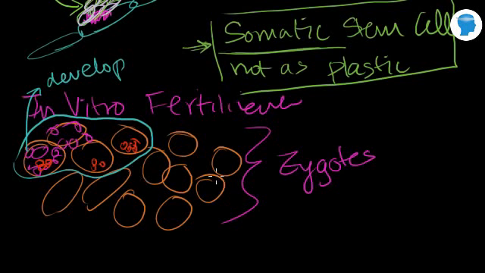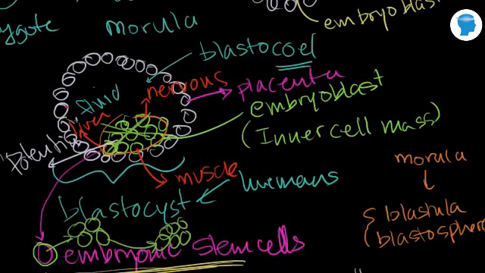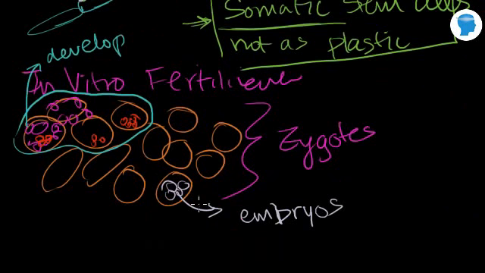But what do they do with all of these other embryos? I won't say perfectly viable, but you have these embryos that have the potential, just like this one right here. These all have the potential to turn into a human being. But most fertility clinics, roughly half of them, either throw these away, destroy them, or allow them to die.